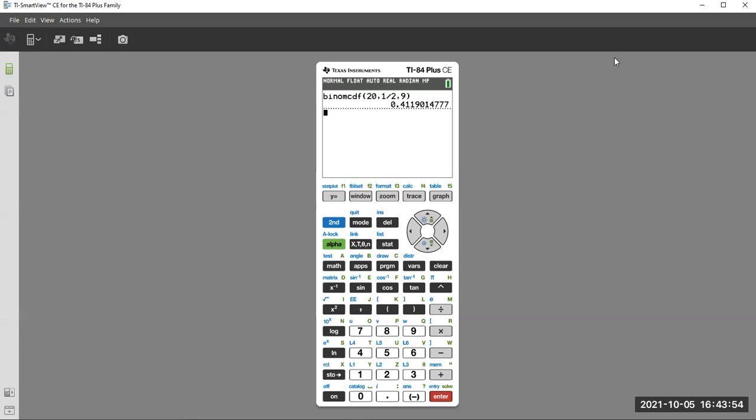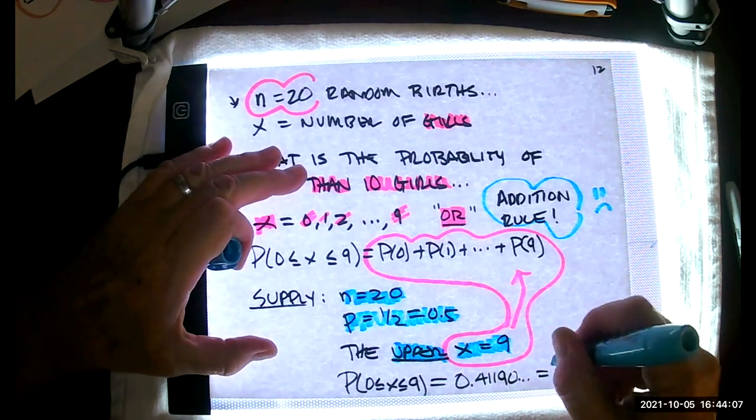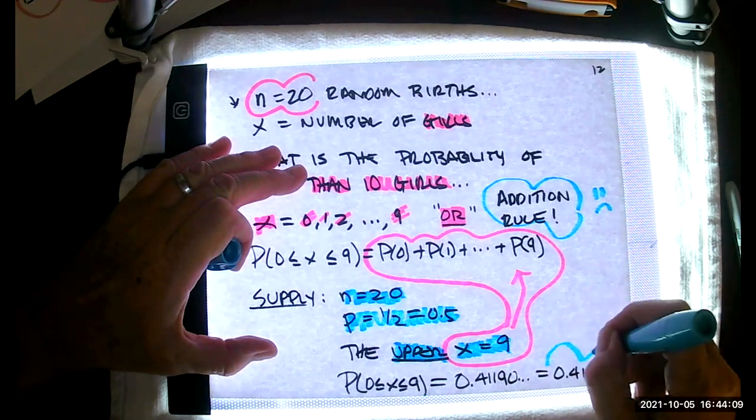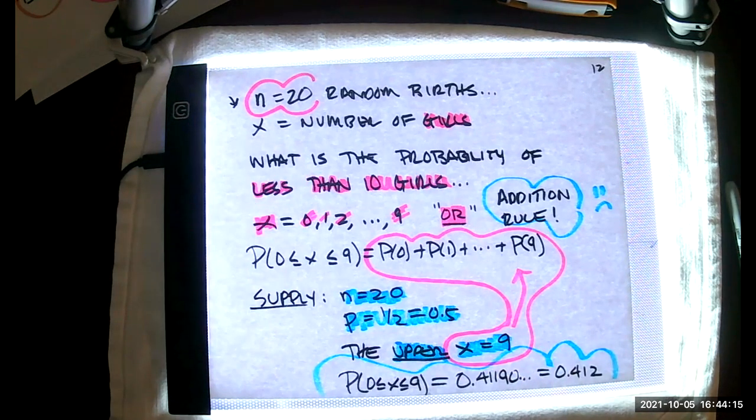So let me stop my sharing. Come back over here. And I see the 0.4119. When I round that to 3 significant digits, I get 0.412. So there we go.